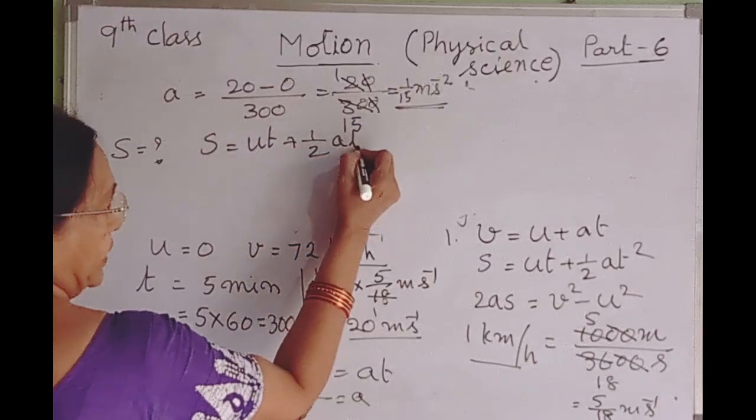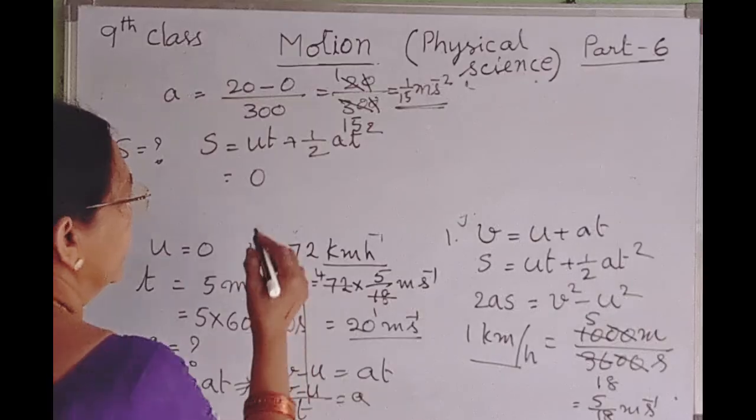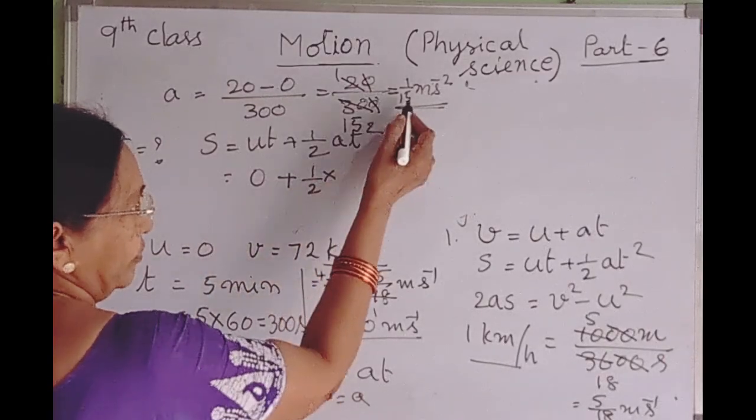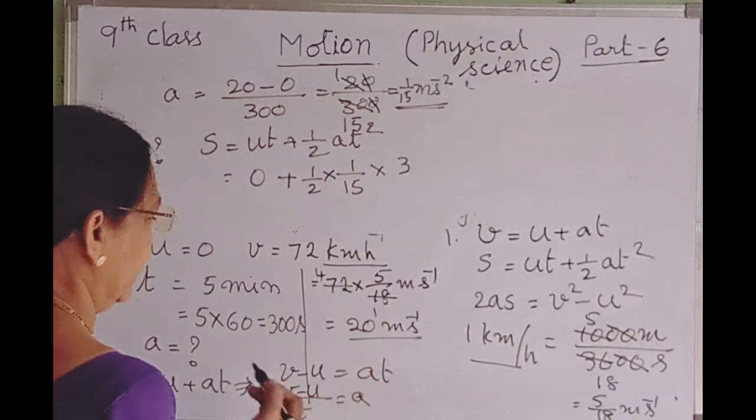u is 0, therefore u into t, 0 into anything is equal to 0, plus half into 1 by 15 into t square. t is 300, so 300 square.